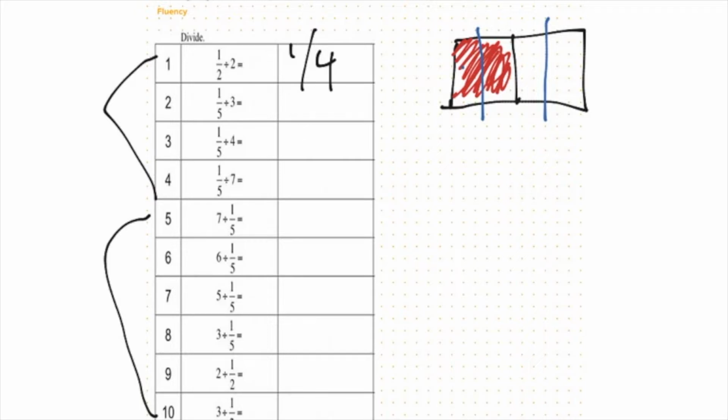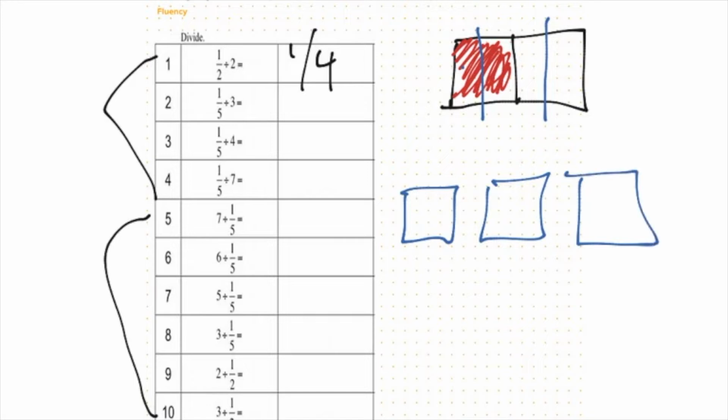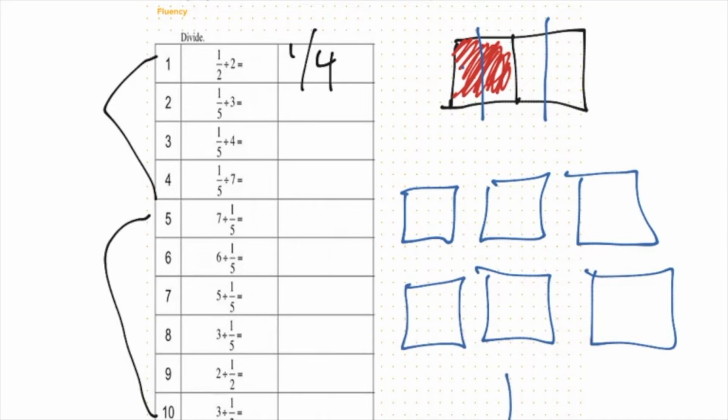Okay, number 5. 7 divided by 1/5. Now, it's not just one tape diagram because we are not starting with a fraction, we are starting with a whole number. So let's draw 7 diagrams. 1, 2, 3, 4, 5, 6, 7.